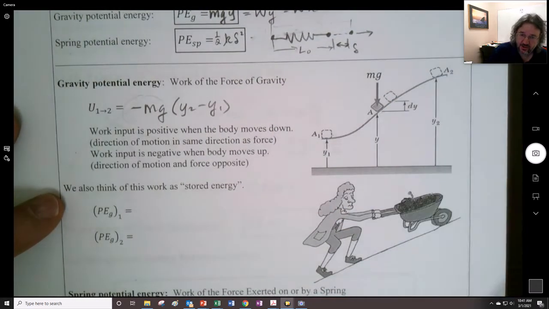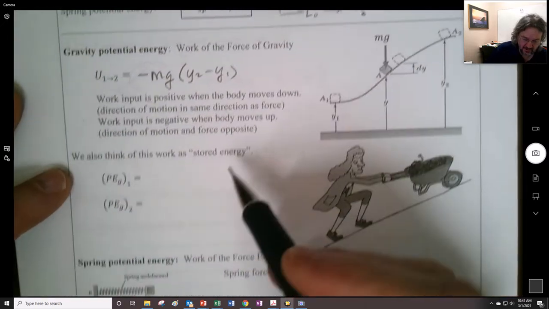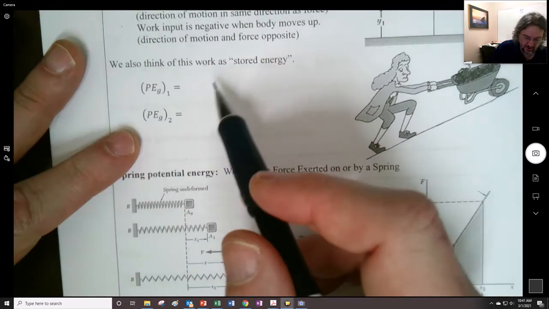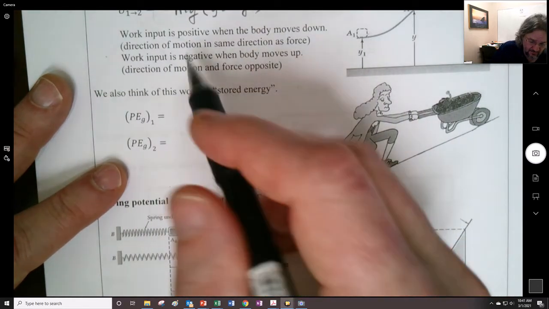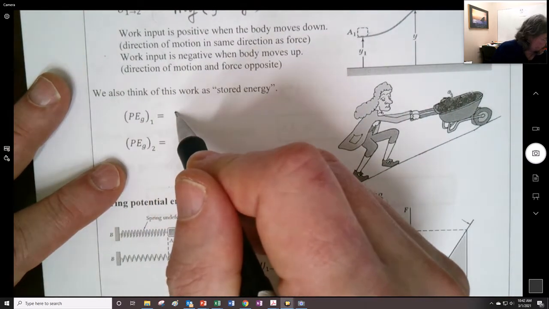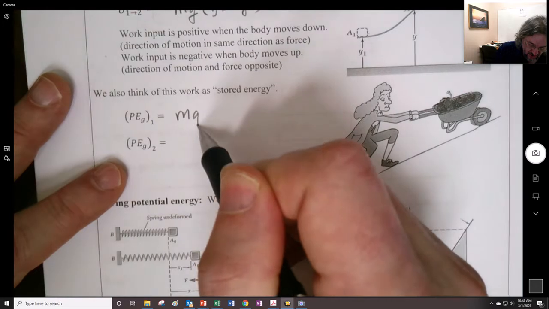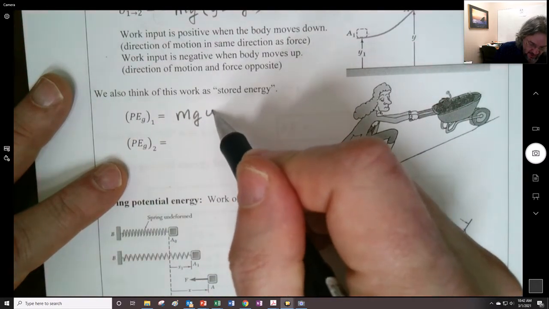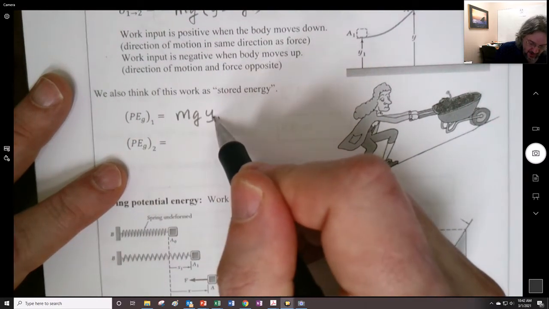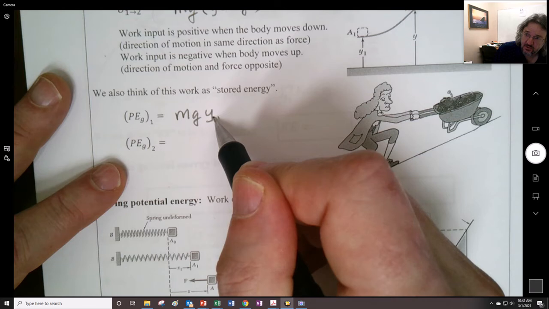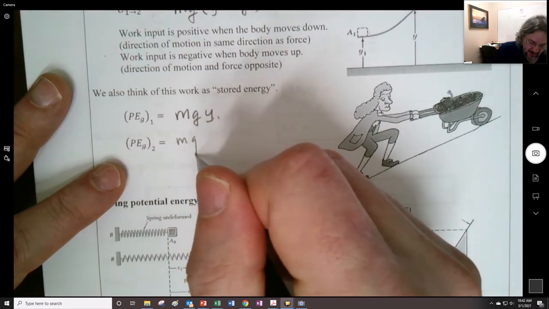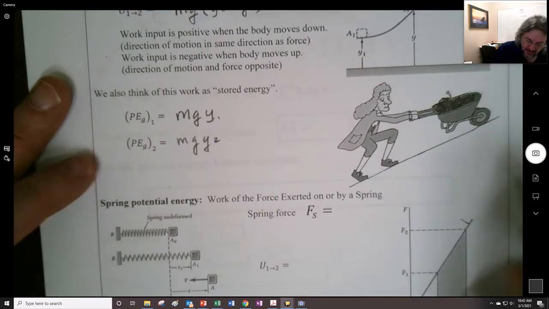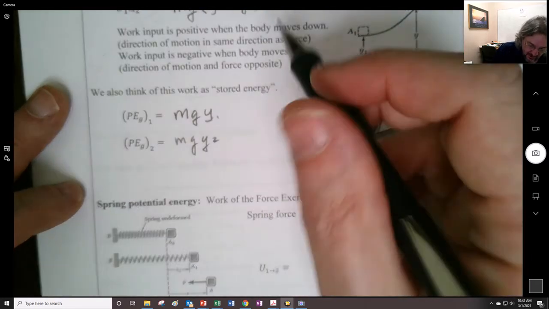It's easier, I think, to think of this as a storage of energy, though, as opposed to trying to mess around with the signs of this. So I say that we just have at state 1, mass times gravity times the position at y1, and then we have mass times gravity times the position at y2, and it's best to create a datum.